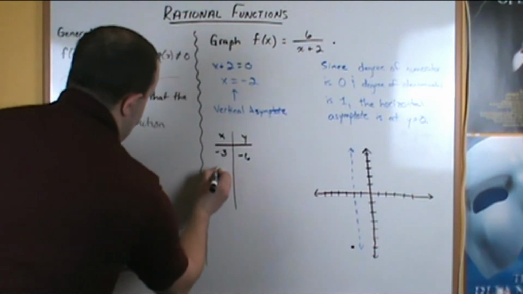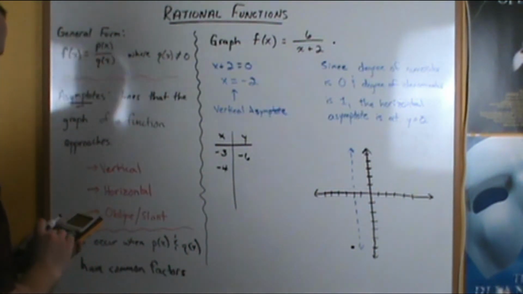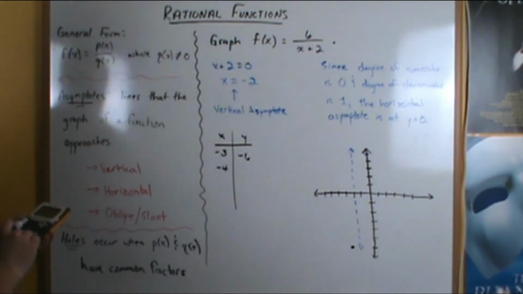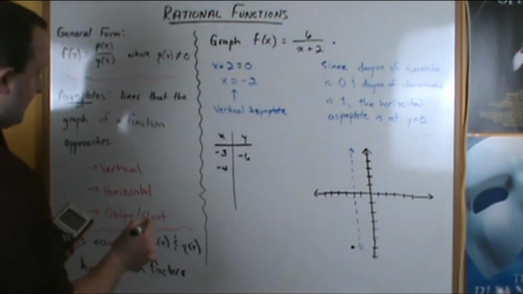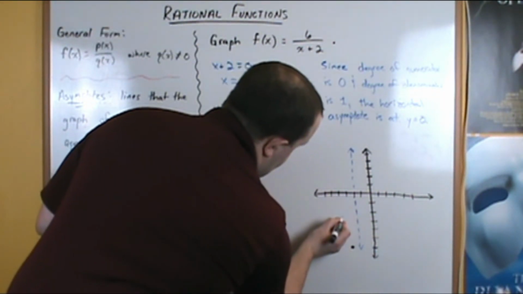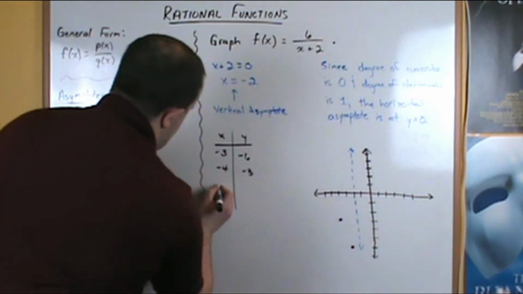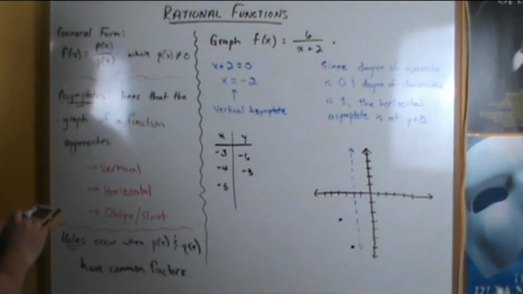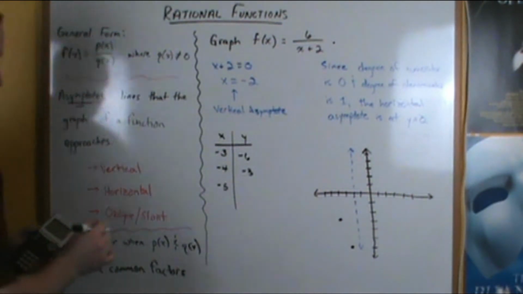If we did -4, we get 6 divided by -4 plus 2. That's going to be -3. So when x is -4, y is -3. If we pick, say, -5, we get 6 divided by -5 plus 2. That's going to be -2.